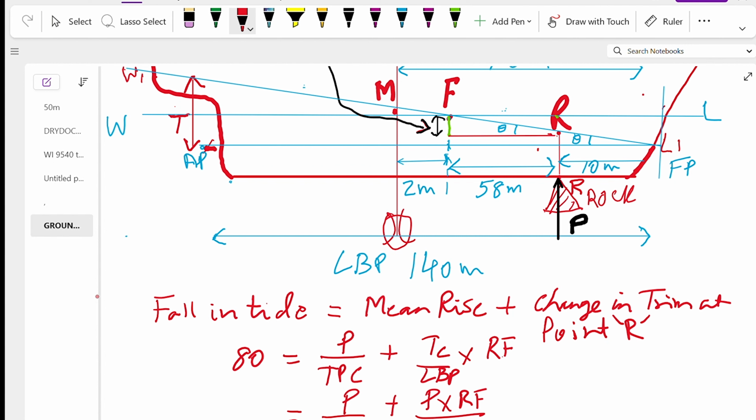So change in trim is this. Now remaining is again RF upon LBP. This is RF upon LBP remains, and the change in trim formula we have inserted, P into RF upon MCTC.